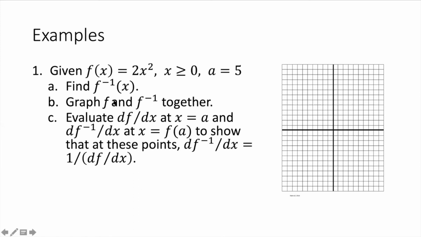Then we'll graph f and f inverse together. And then finally, we will evaluate the derivative of f with respect to x at x equals a, and the derivative of f inverse with respect to x at x equals f of a, to show that those two derivatives are reciprocals of each other. Okay. All right, so let me switch over to the tablet.